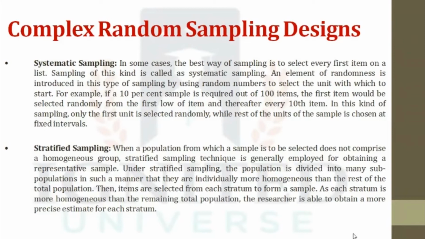Under stratified sampling, the population is divided into many subpopulations in such a manner that they are individually more homogeneous than the rest of the total population. Then items are selected from each stratum to form a sample. As each stratum is more homogeneous than the remaining total population, the researcher is able to obtain a more precise estimate for each stratum.